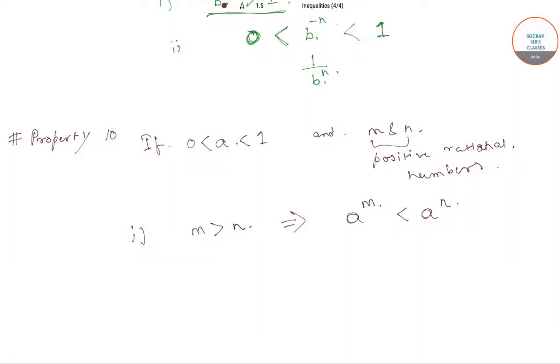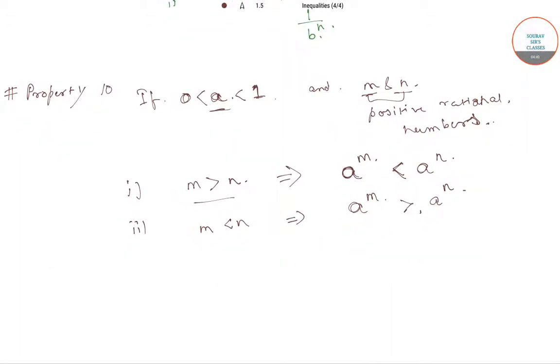So if a lies in the interval from 0 to 1 and m and n are two positive rational numbers such that m is greater than n, then a raised to the power m would be less than a raised to the power n, and if m is less than n, then a raised to the power m would be greater than a raised to the power n.